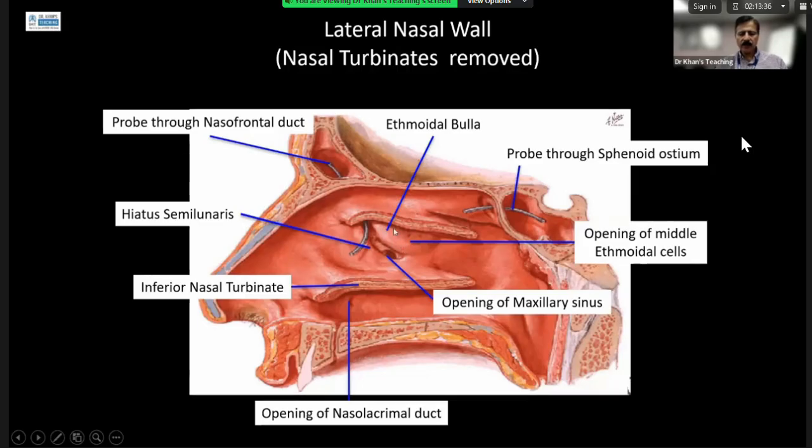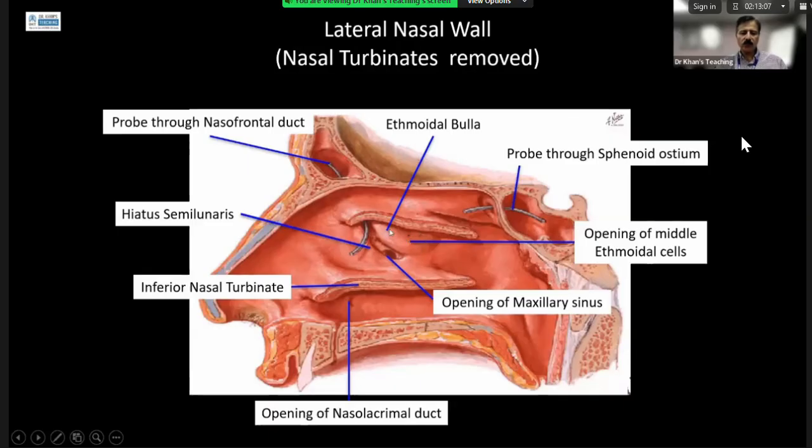Here is this convexity. This is known as the ethmoid bulla. What is ethmoid bulla? Basically, ethmoid bulla is the medial inferior wall of the middle ethmoid air cells, and this has a bulbous type of appearance, convex inferiorly and medially.